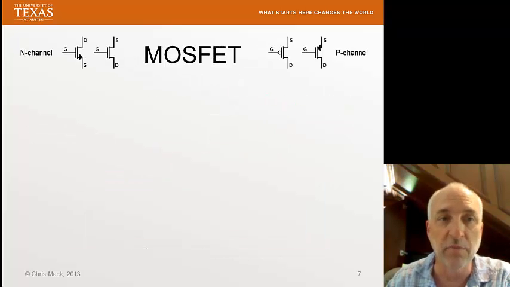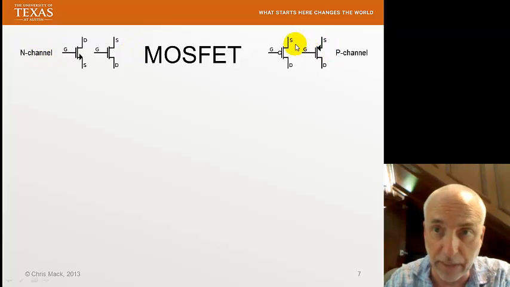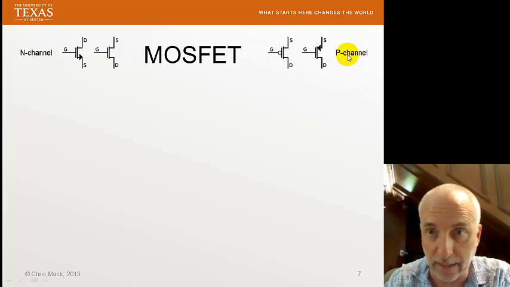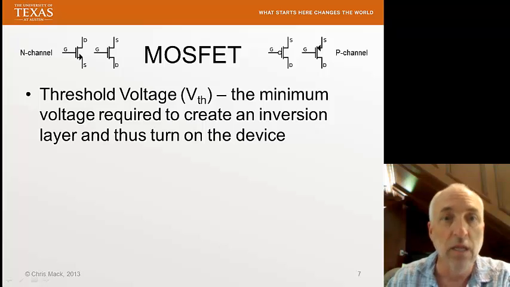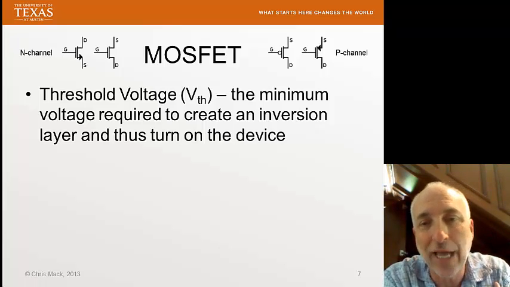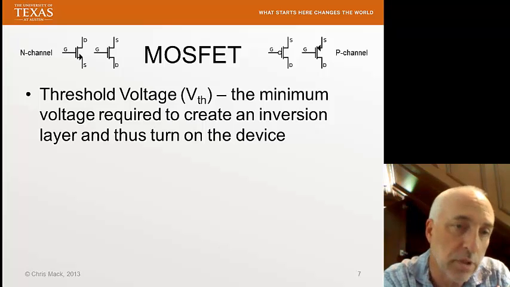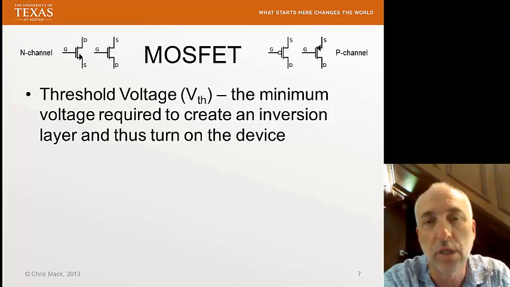So we have two types of MOSFETs then. The N-channel, which I just described how they behave, but also a P-channel, which works in a very analogous way. The minimum voltage required to get an N-channel to form, this inversion layer to form, turning on the device, is called the threshold voltage. And it's one of the most important parameters of a MOSFET.